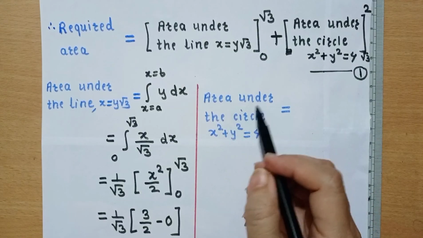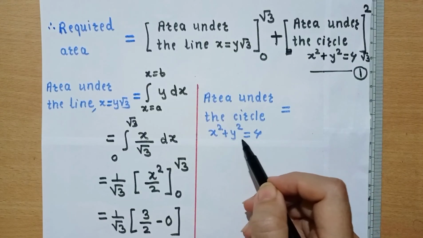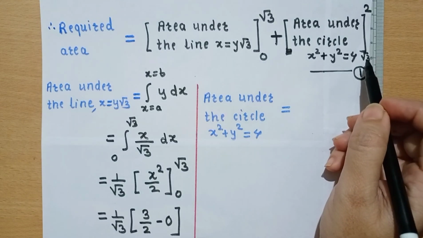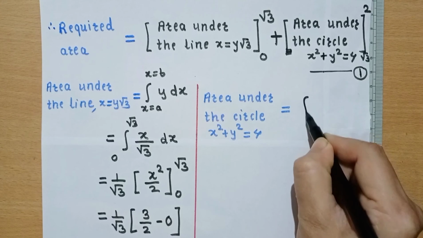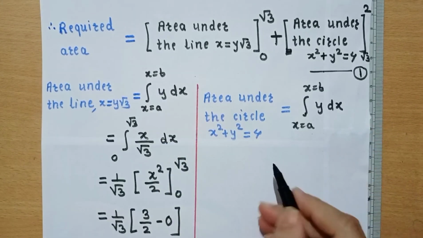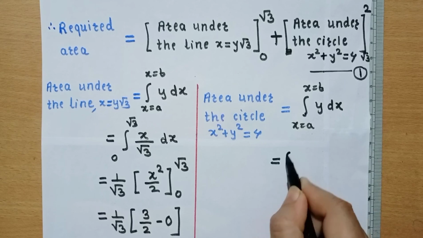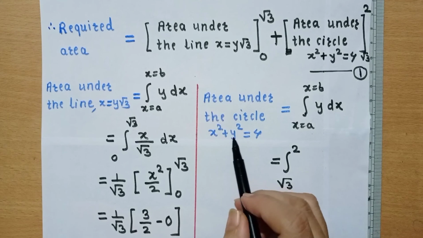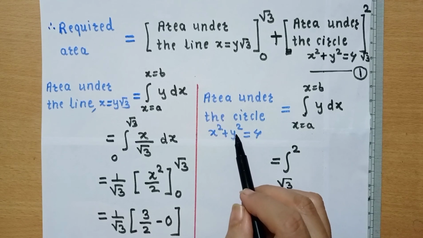Now let's find the area under the circle. x square plus y square equal to 4, and again we have limits on the x-axis, so we will use the same formula, integration of y dx, and now we will substitute values. We know the limits are from root 3 to 2, and from this equation we will find y.